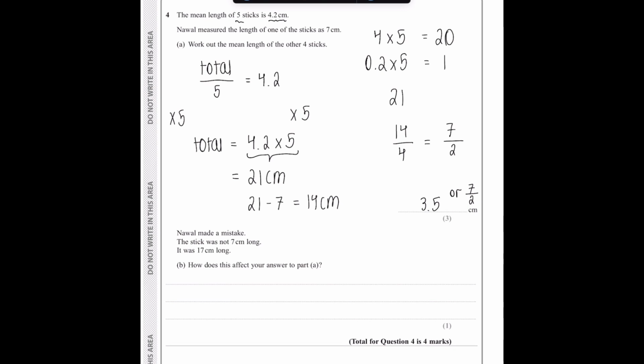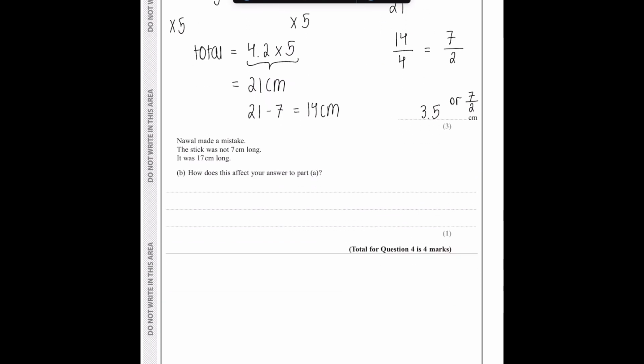In part A, we took the total length and we subtracted 7. But here, instead of doing 21 take away 7, we're doing 21 take away 17. So the number that we now have as our total is smaller. That means if our total is smaller, our mean is going to be smaller as well.